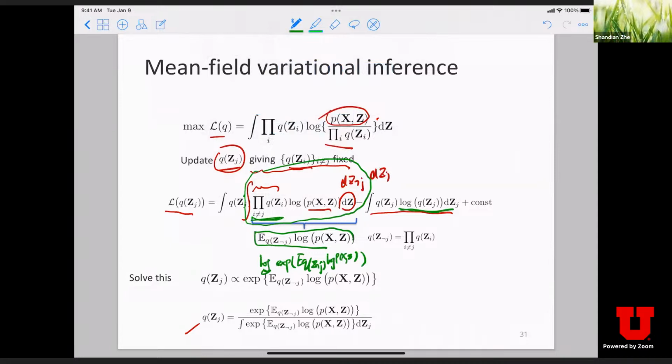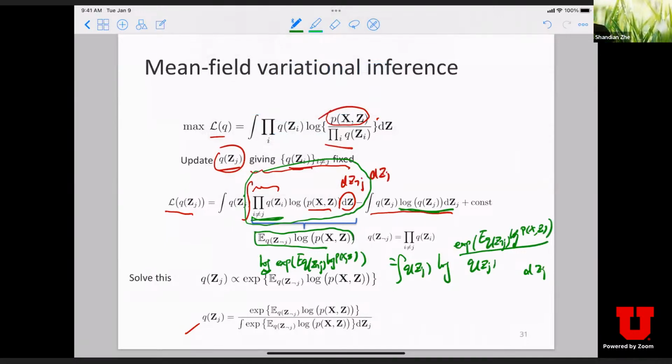So if you merge the two terms together, you get Q(Z_j) times the logarithm of the exponential of this E_{Q(Z not j)} log joint probability in the numerator, and in the denominator it is Q(Z_j). And of course, this integral is over Z_j. Does it make sense?